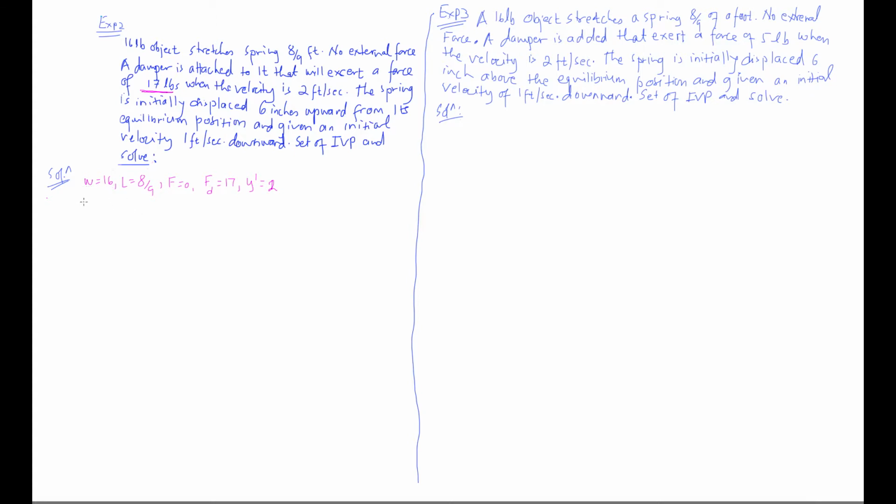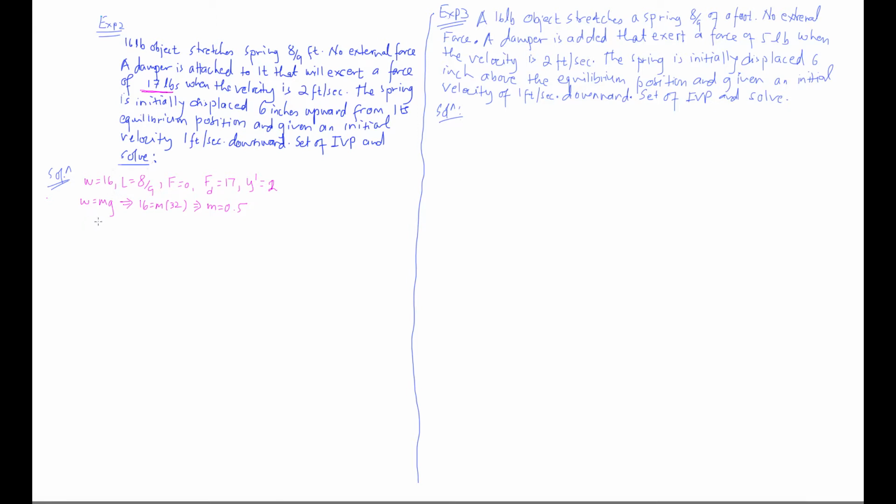So now we will try to find some of the parameters we need for the equations, right? So if you do W equals mg, this implies 16 equals m times 32. That implies m equals 0.5.